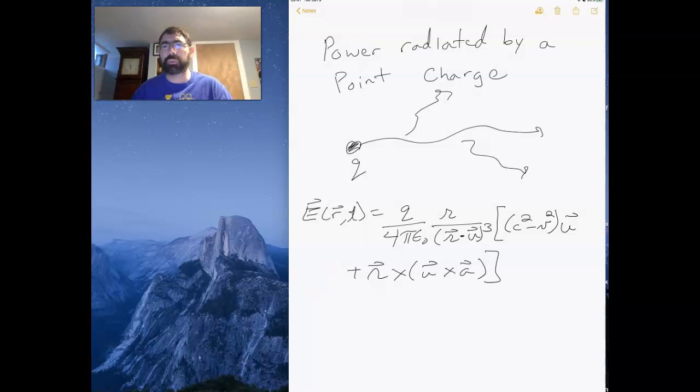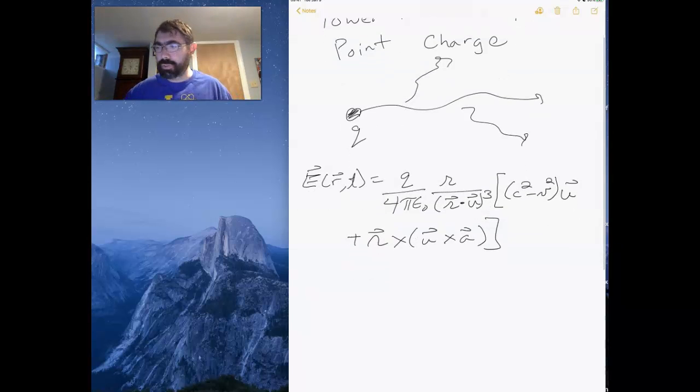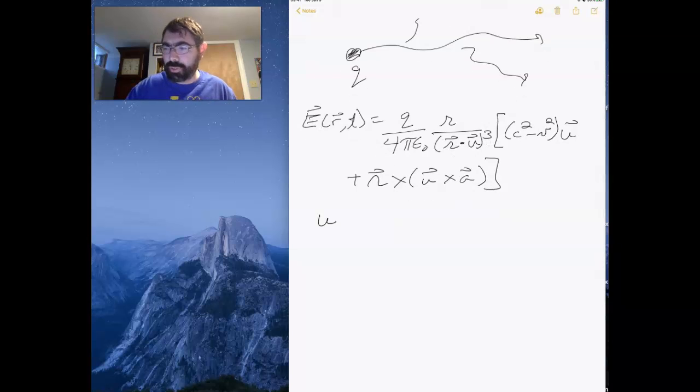So if you remember, there was an acceleration term and there was a velocity term in this equation for the electric field. Just to remember what the variable was, u was the speed of light in the direction of motion minus the velocity of the charge v.